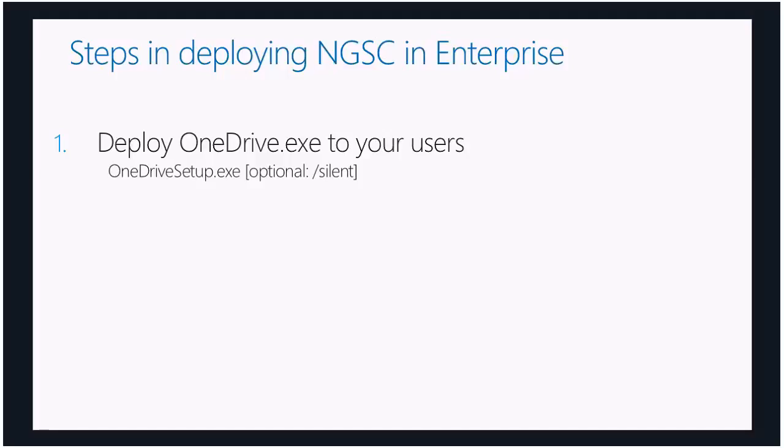After you run OneDriveSetup.exe, OneDrive.exe will be installed into the current user's profile. You can run a PowerShell script and add a parameter such as silent. When you add the silent parameter to OneDriveSetup.exe, the end user doesn't see the installation pages.